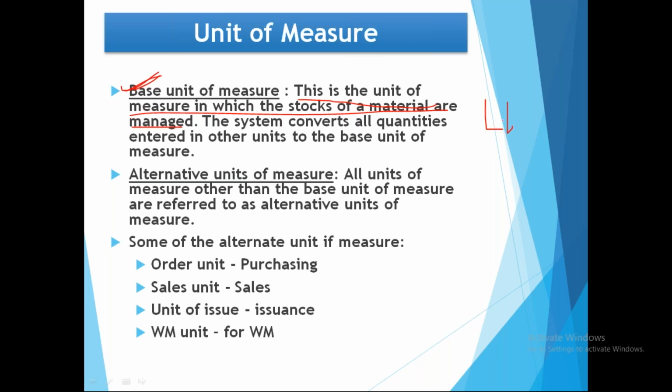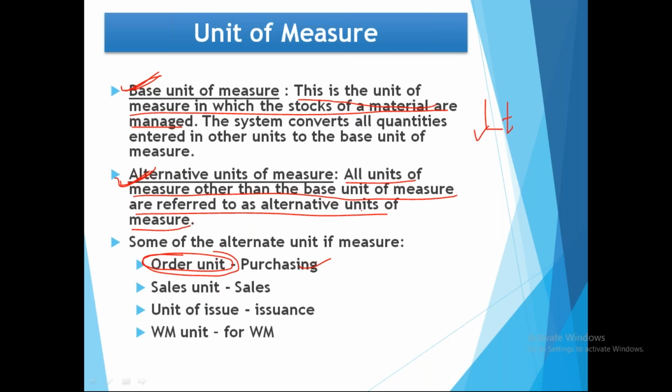I maintained it in liters. Now there are some other units of measure which are called alternate units of measure. What is an alternate unit of measure? All units of measure other than the base unit of measure are referred to as alternate units of measure. Like, when you are purchasing, you order to the vendor or supplier in drums.